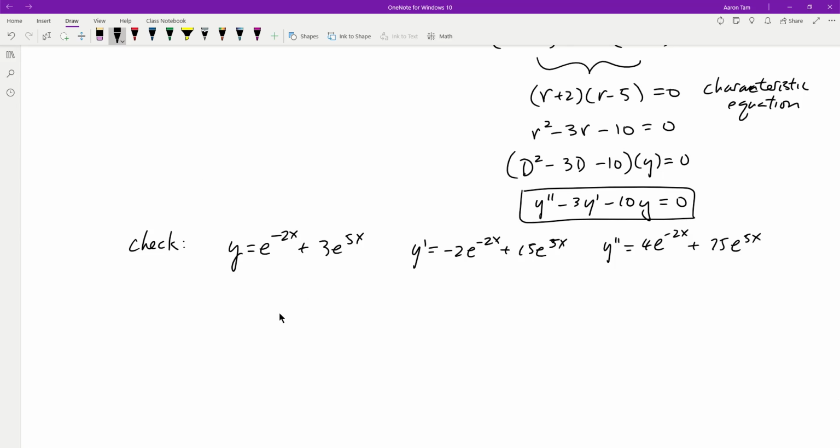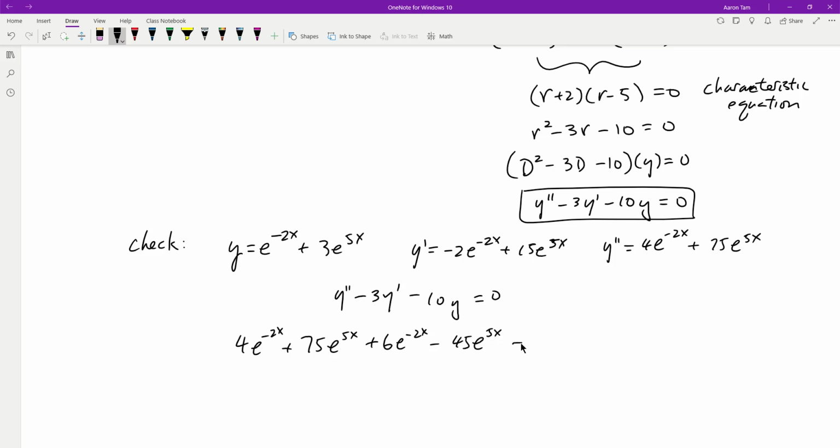So let's find out. That would be y double prime minus 3y prime minus 10y equal to 0. So therefore, we have 4e to the negative 2x plus 75e to the 5x, minus 3 times this, which will become plus 6e to the negative 2x minus 45e to the 5x.